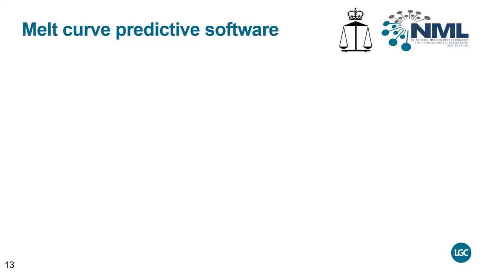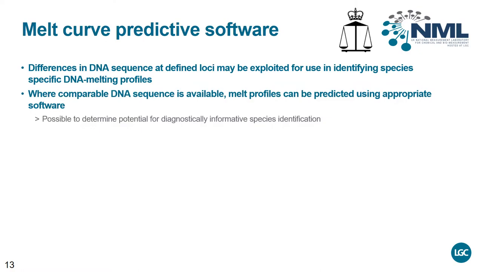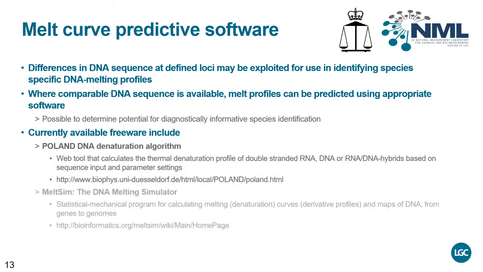Prior to designing new primer sets, DNA target sequences can be assessed for their suitability to discriminate between similar sequences with the use of appropriate software. A number of open access programs for deriving theoretical melting curves are now available, and include the Poland DNA and MeltSim packages.